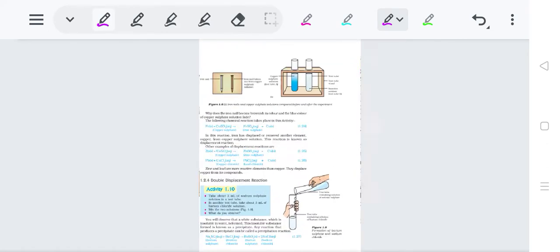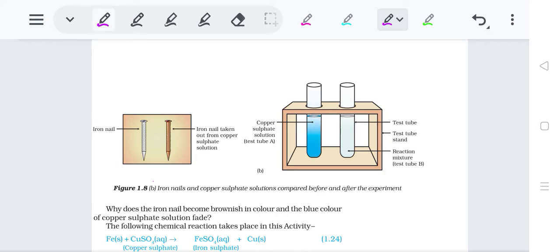I think it is given in NCERT, okay. So the iron nail is taken out of copper sulfate. This is a layer of copper. Copper sulfate solution, test tube stand, reaction mixture, test tube.